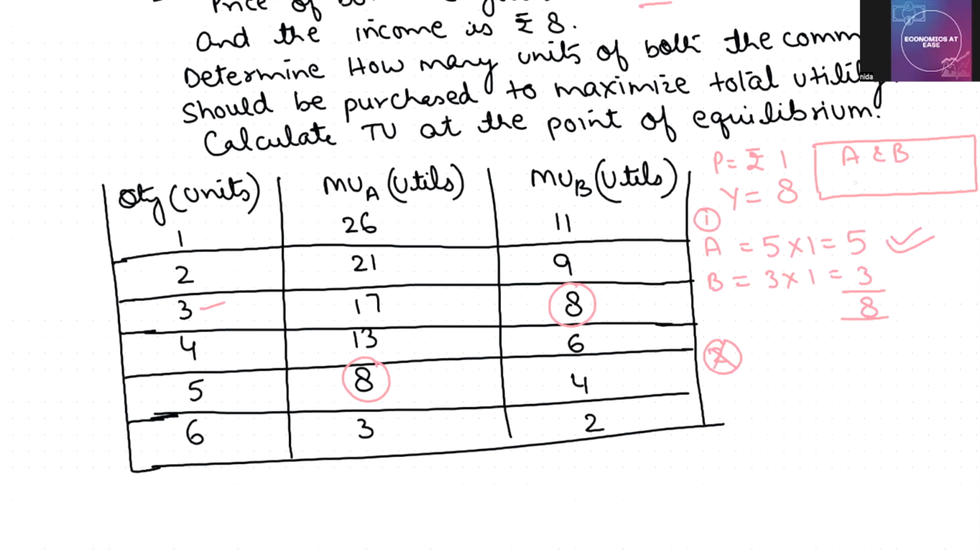Now I can say here, if I'm going to purchase 5 units of A and 3 units of B, then the total income to be spent is 8 rupees. Okay.